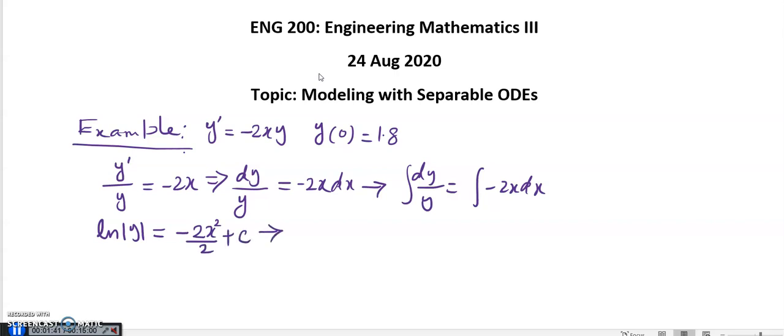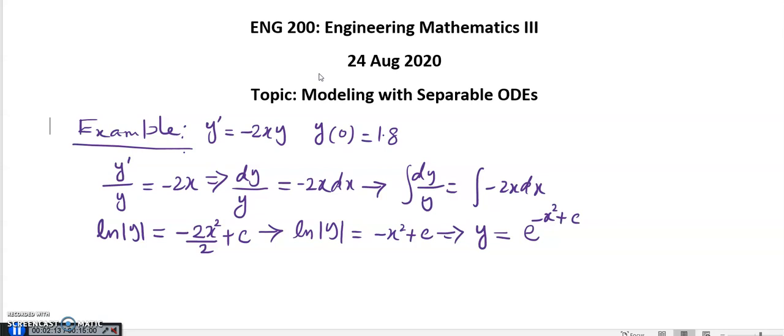So log of y is equal to minus x square plus constant. If I want to remove the log, I will take the exponent of both sides, so y will be equal to e power minus x square plus c.